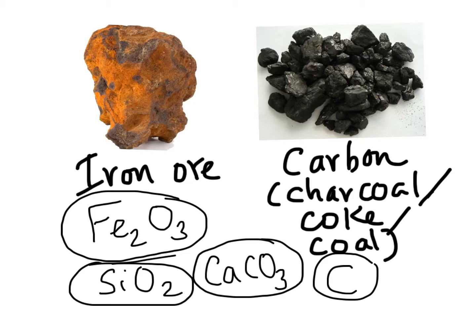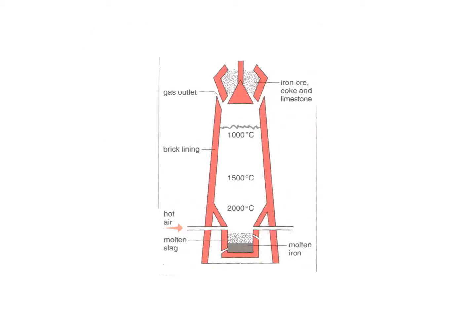Click on the next slide to go into the extraction of iron in the blast furnace. The blast furnace is a giant structure in which the chemical reaction takes place. The chemical reaction between iron ore, which is iron oxide, coke, which is mainly carbon, and limestone, which is calcium carbonate. They're all added here.